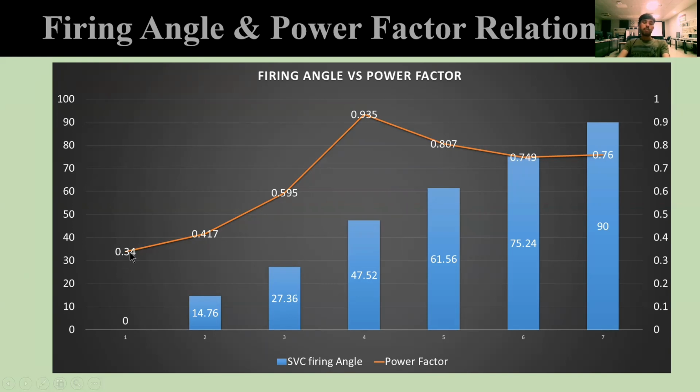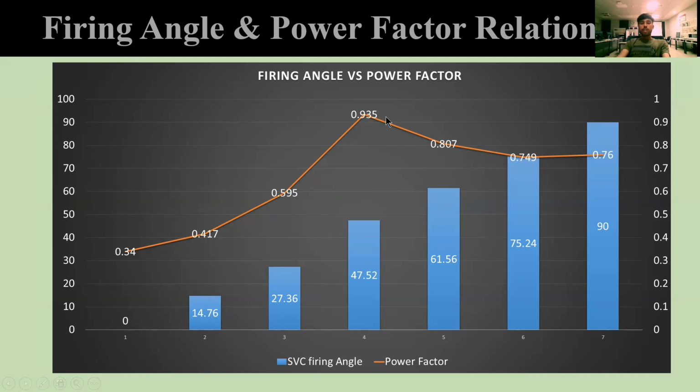At the start, the power factor is very low because of high reactive lagging vars generated by the inductor. As we increase our firing angle and start switching off the inductor bank, our power factor starts to improve. At this stage, both the capacitor and inductor cancel out each other, so our power factor is very high at this point of time.